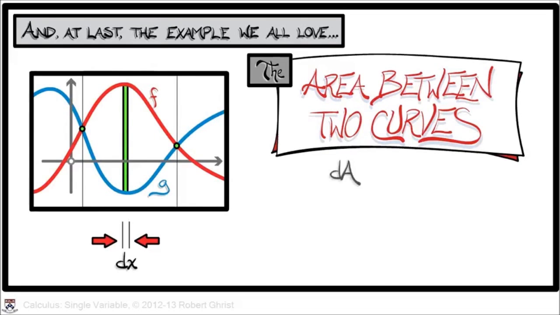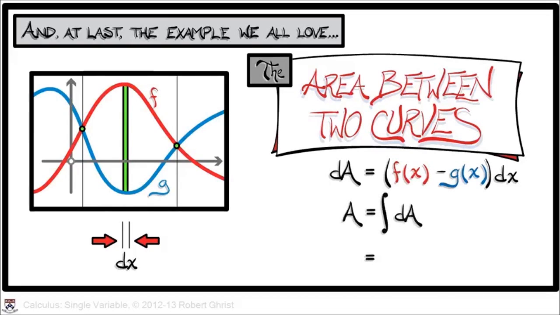Using a vertical strip, its height is going to be f of x minus g of x. Its width is dx. And so, integrating this, we see the classical formula that you've no doubt seen before. The area is the integral of f of x minus g of x dx as x goes from a to b.